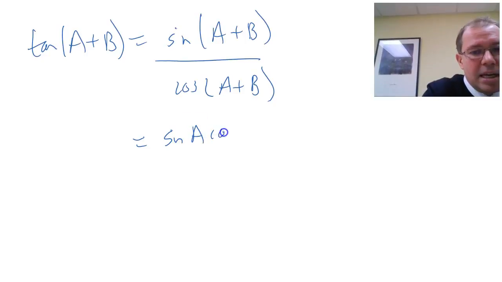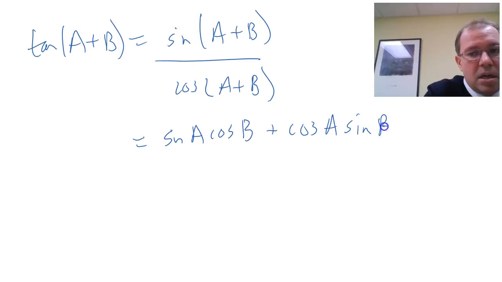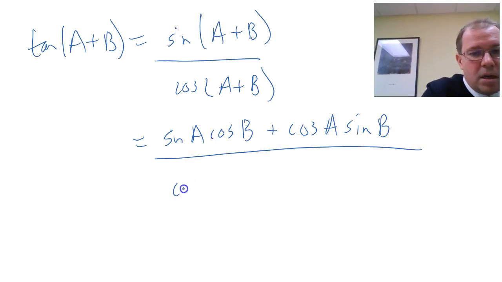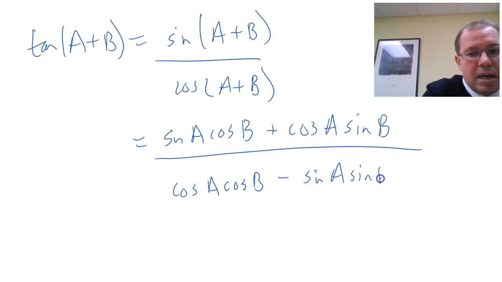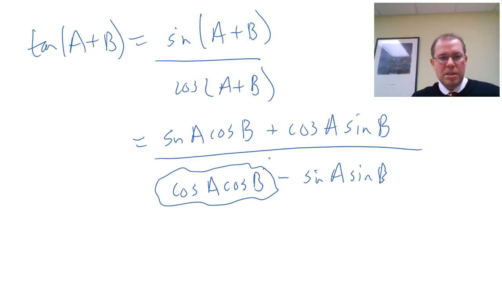So that's sin a cos b plus cos a sin b over cos a cos b minus sin a sin b. Now I want to make this equal to 1 because I want tan a and tan b in my formula. So I'm going to divide the top and bottom by cos a cos b.